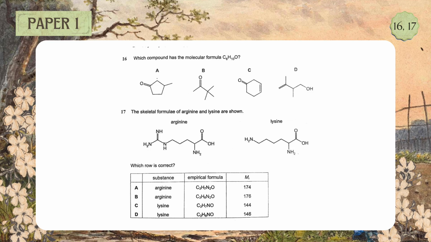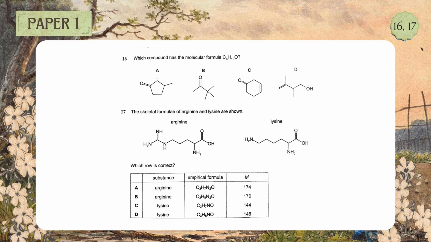Okay, let's tackle question 17. We need to find the correct row identifying either the empirical formula or the relative molecular mass for arginine or lysine. Let's look at lysine first because it's a bit less complex visually. Let's count every atom to get its molecular formula. And now we have C6H14N2O2. To find its empirical formula, we divide all the subscripts by their greatest common divisor, which is 2. That gives us an empirical formula of C3H7NO.